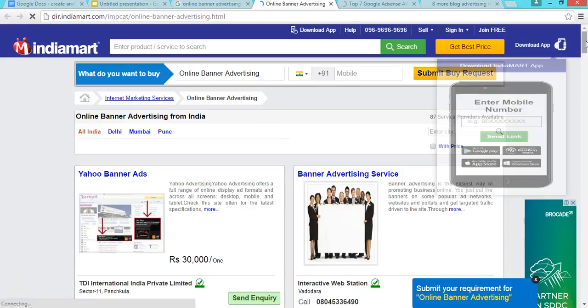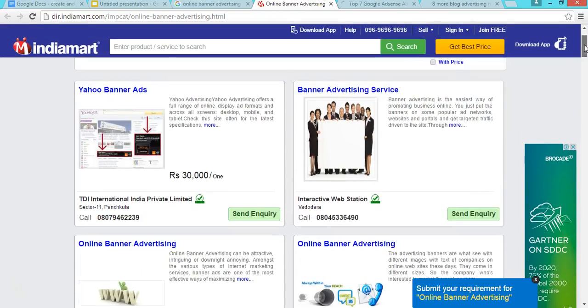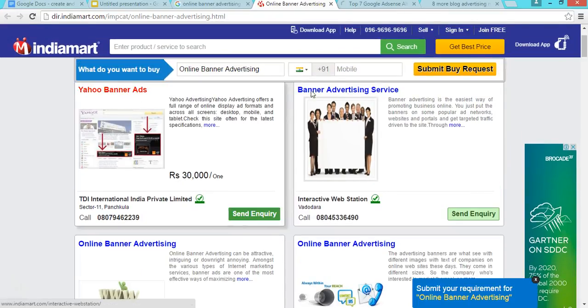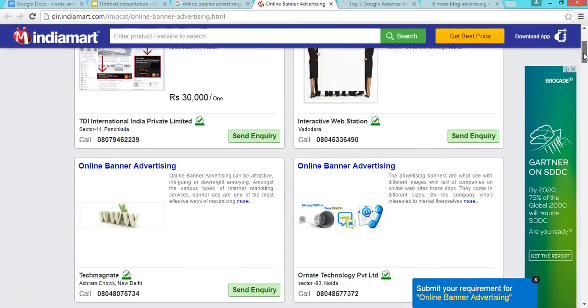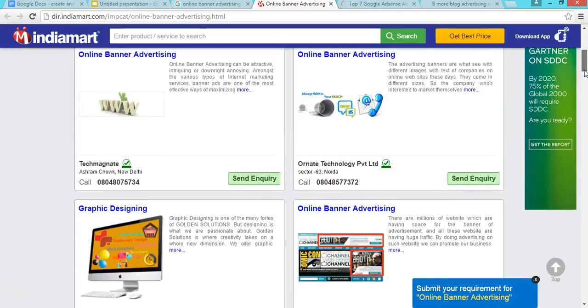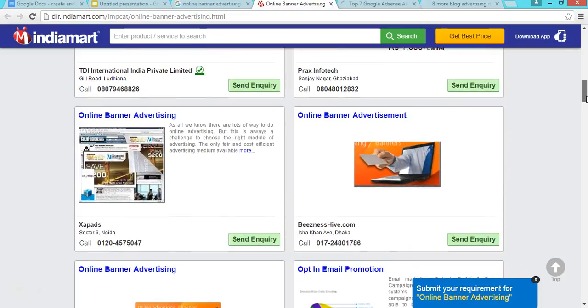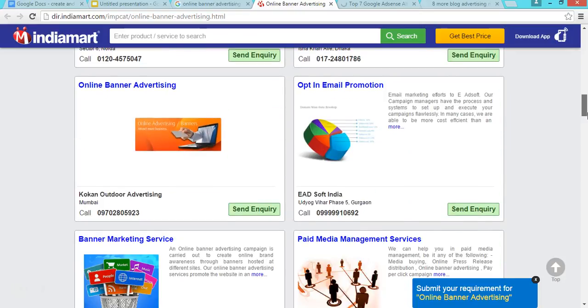Now this is one of the websites. These are the various types of banner advertising services available, and freelancing companies. You can send your inquiry to any of them.